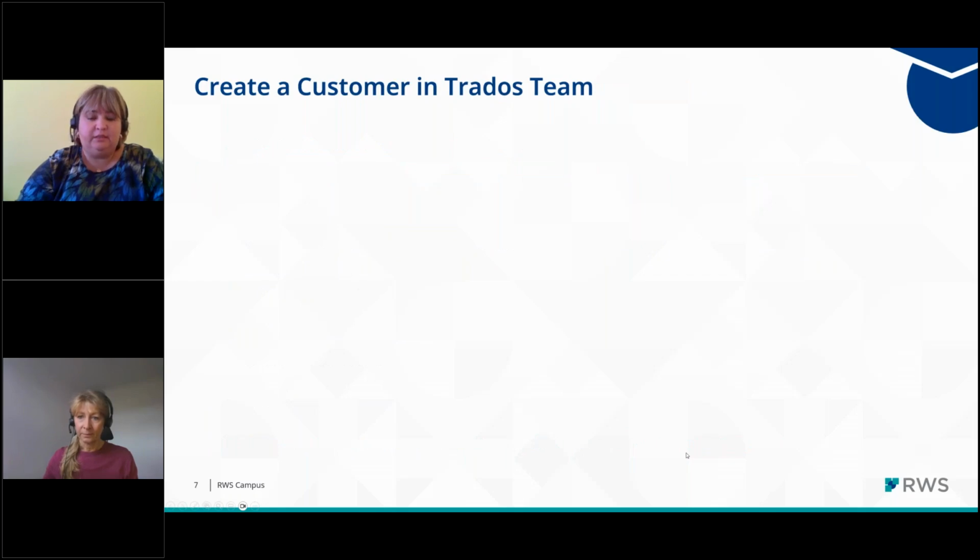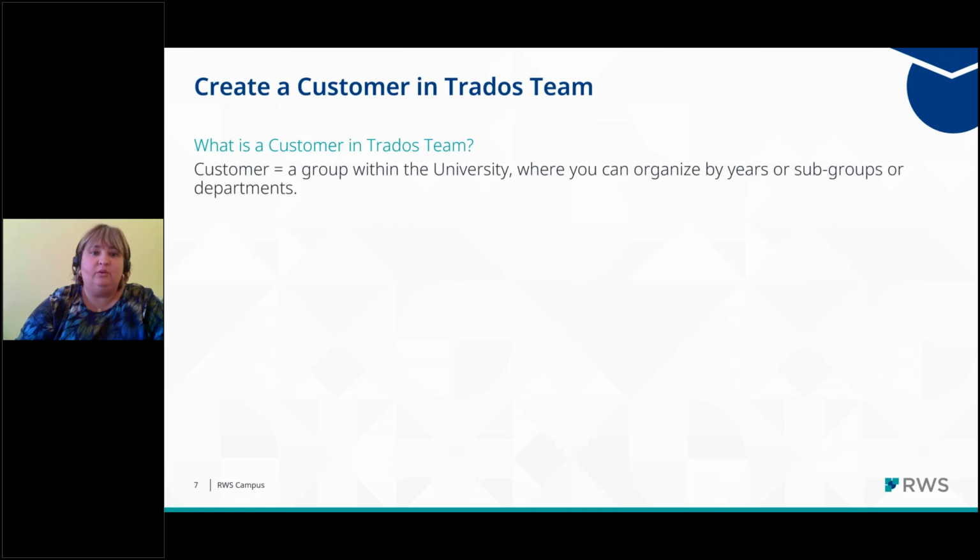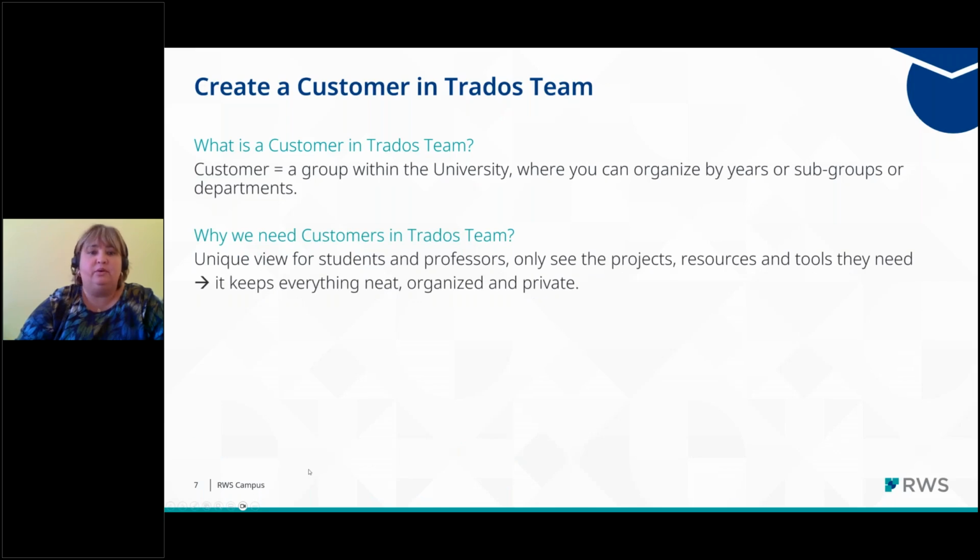So we will start the demo part with tips and tricks for Trados Team. The first step that you will need to do will be to set up your Trados Team, meaning starting to configure a customer. A customer in Trados Team is more like a location where you can group within the university and can organize your school by years or subgroups or departments.